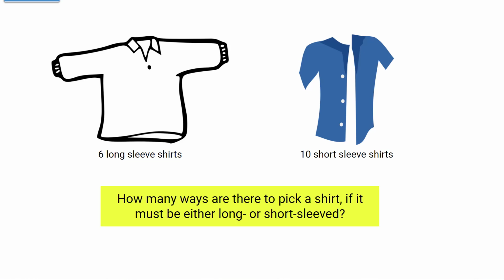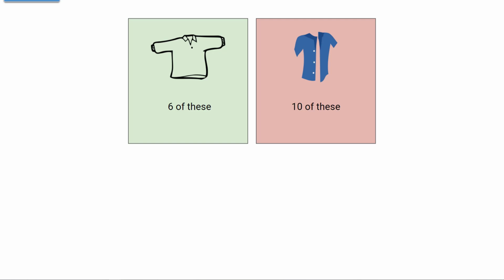So visualize my shirt arrangements like this, where the shirts live in separate bins. My room doesn't actually look like this, but the drawing here is an abstraction that represents these bins. Importantly, these bins don't overlap. There is no such thing as a shirt that is both short sleeve and long sleeve at the same time.